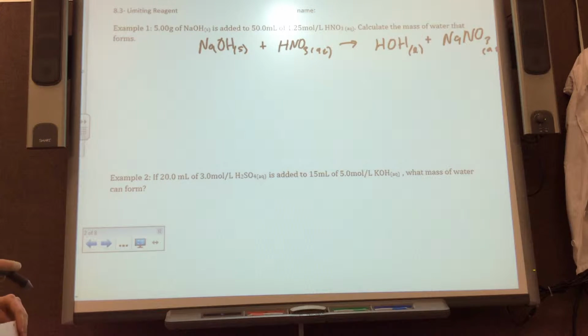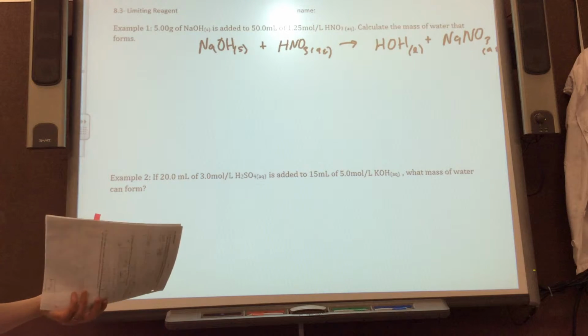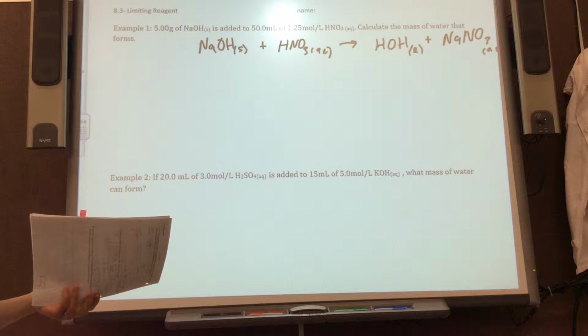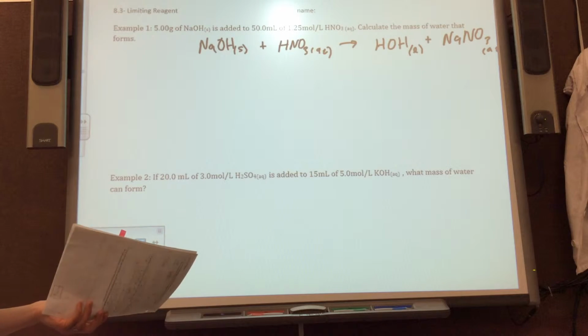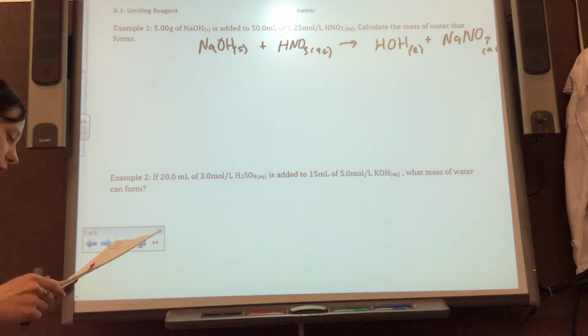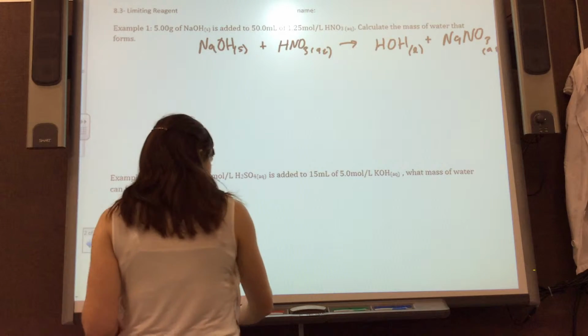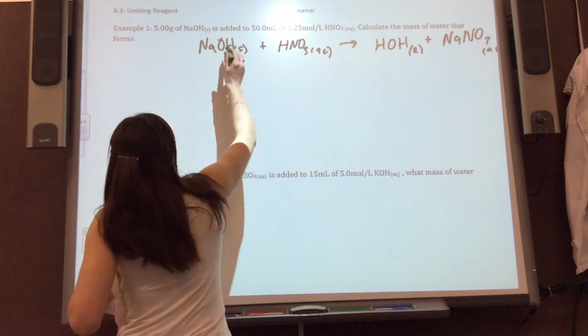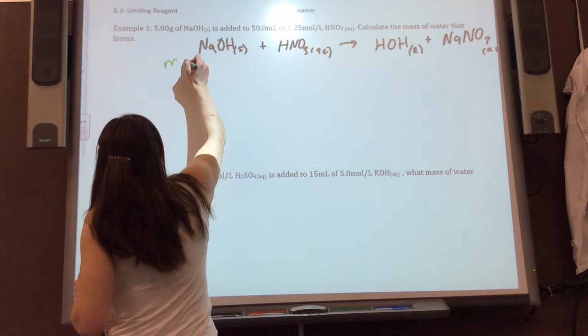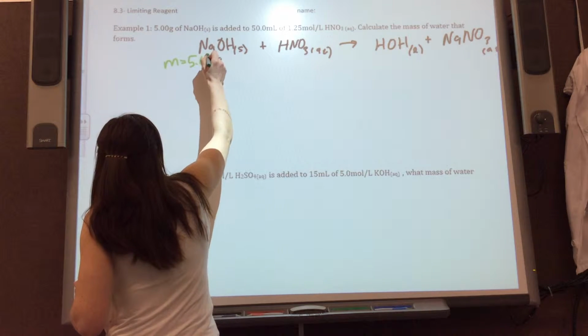So when we look at the balancing, looks good, looks done. So it's all 1, 1, 1, 1. So that's nice. So now let's write down our information that we're given. We're given information about sodium hydroxide. We have 5 grams.